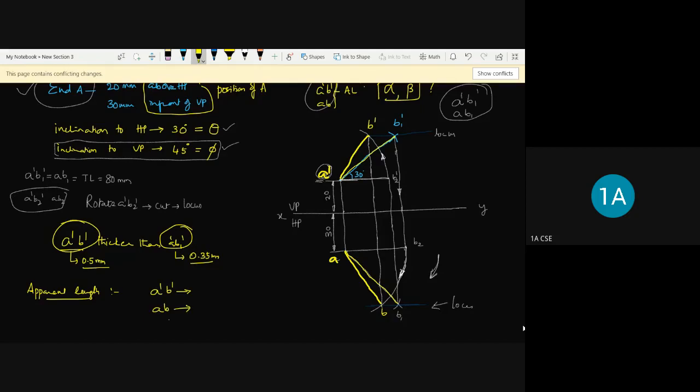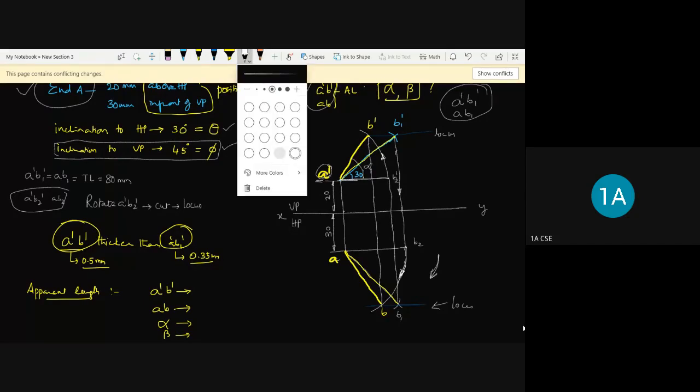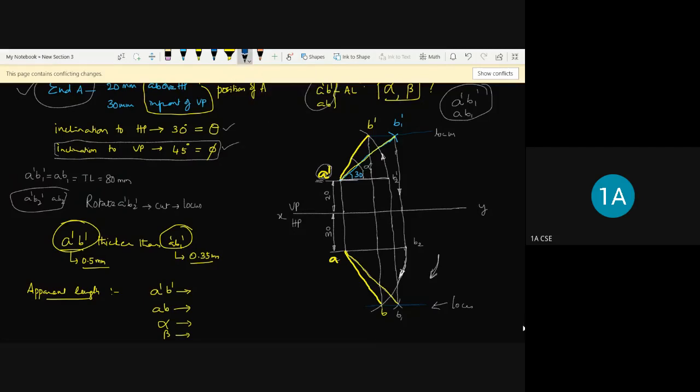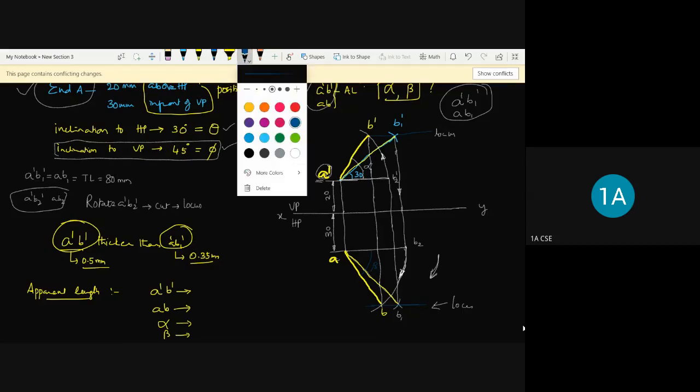And find alpha and beta from this construction. So this one is called alpha and this one is called beta. And alpha, of course, is given as 45 degrees here.